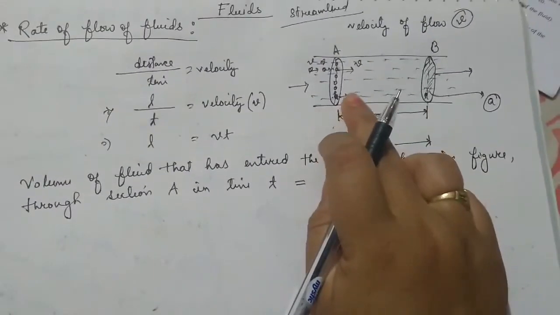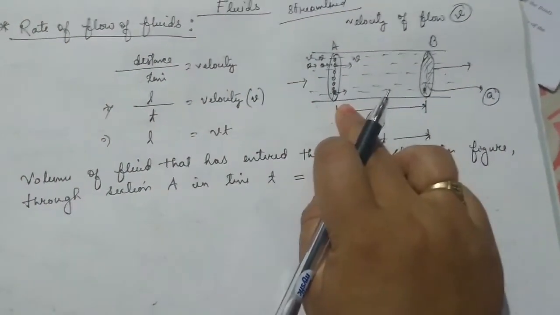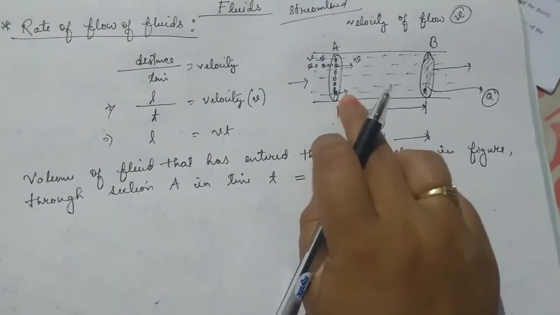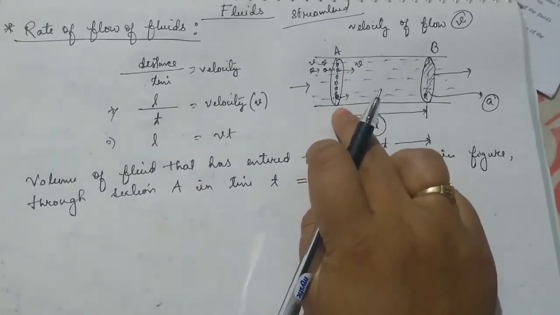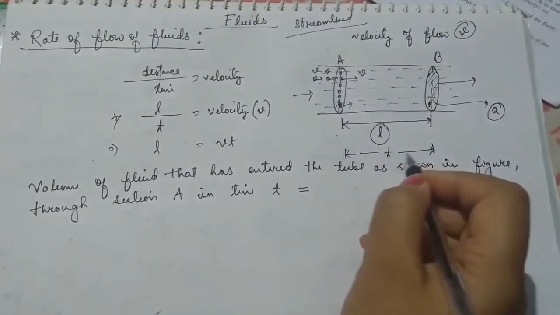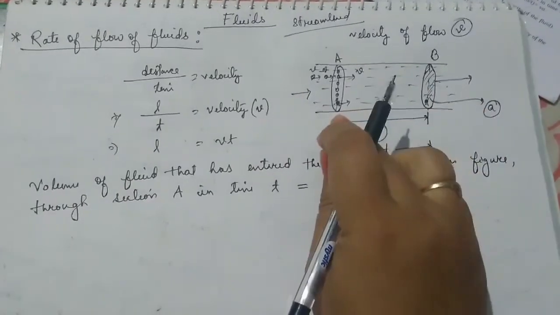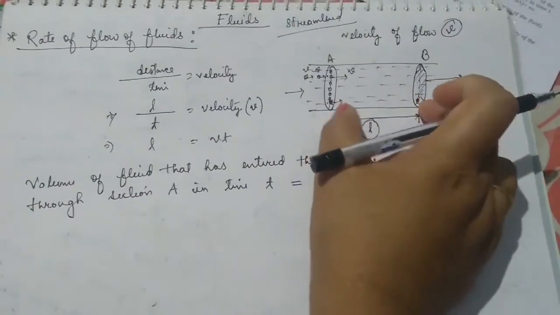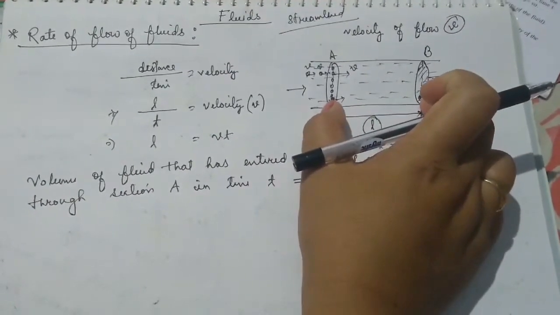What is the volume of fluid that has entered this tube through section A in time t? So in time t, how much can it travel? This much only. That means in time t it will cover up to this. So this is the volume of water that has entered, isn't it?